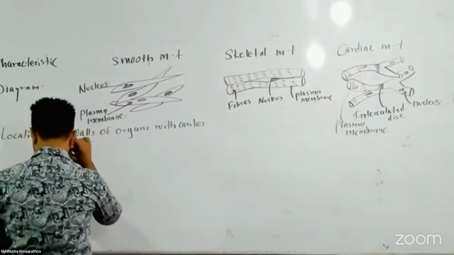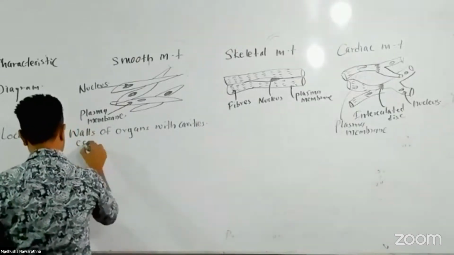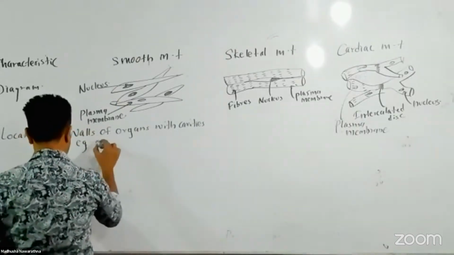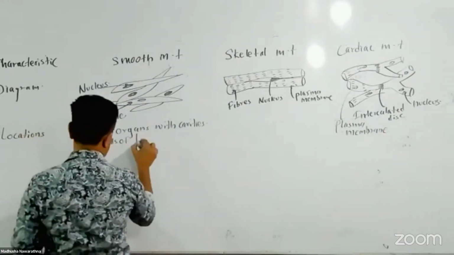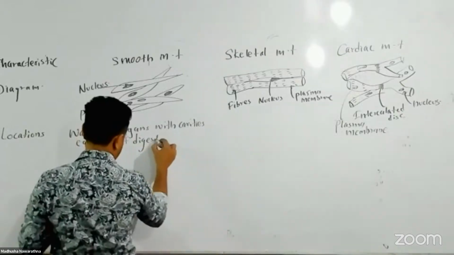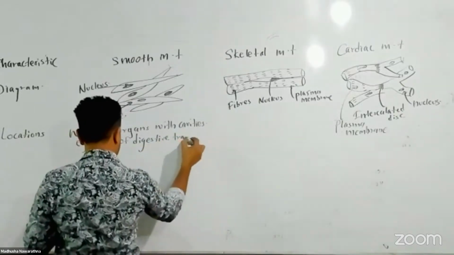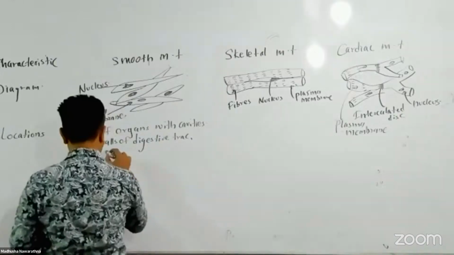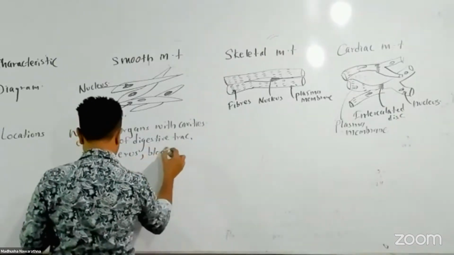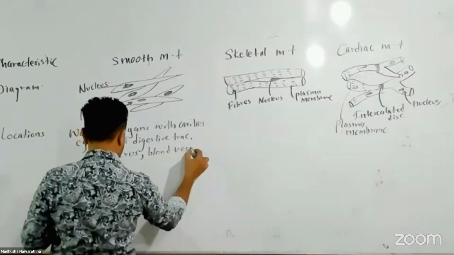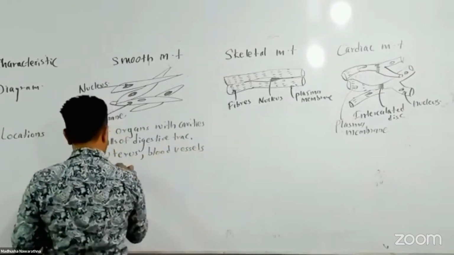Example: walls of the digestive tract, uterus, blood vessels and bladder.